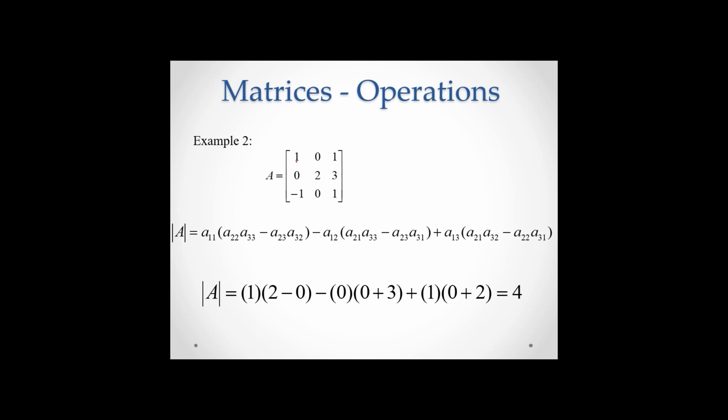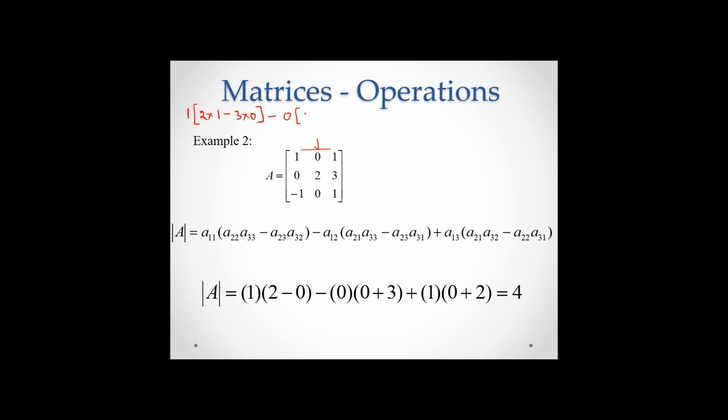Let's say we have the first entry as 1 and the corresponding cofactor will be 2 into 1 minus 3 into 0. The second entry will have a minus sign, 0 into, right?